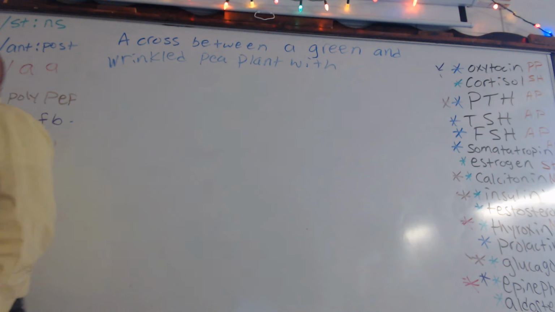So a green and wrinkled pea plant with what? Okay, heterozygous smooth. Okay, and what color is it? Okay, so we've got to be a little more specific when we say yellow. Homozygous yellow, okay?